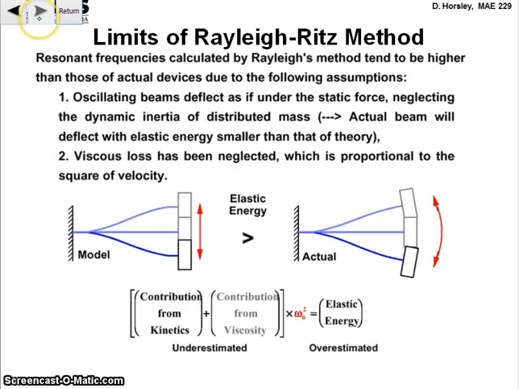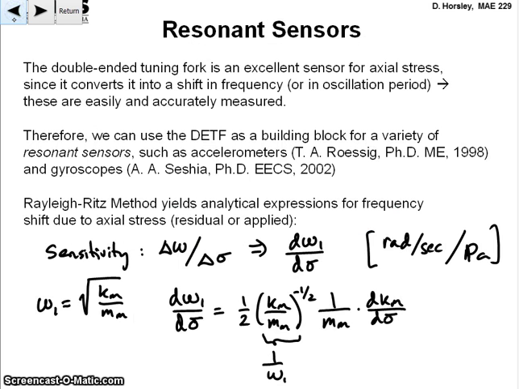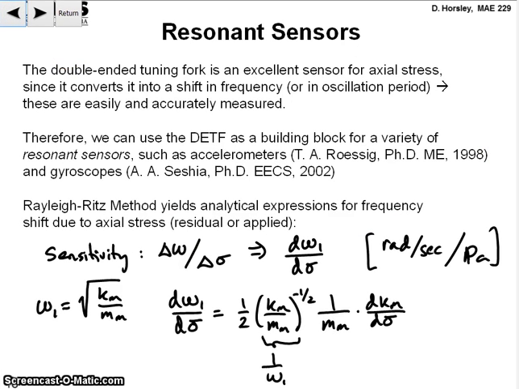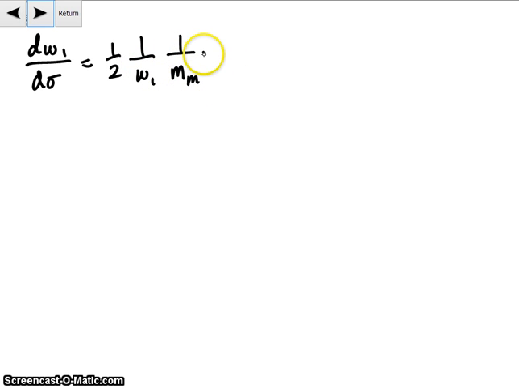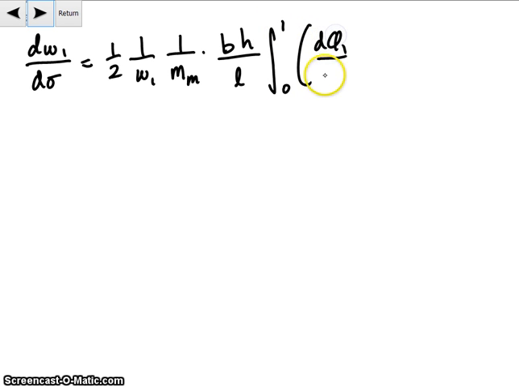So what we end up with is d omega 1 d sigma equal to 1/2 times 1 over omega 1 times 1 over the modal mass times dk d sigma, which is bh over L times the integral from 0 to 1 of dv1/dx bar squared dx bar.